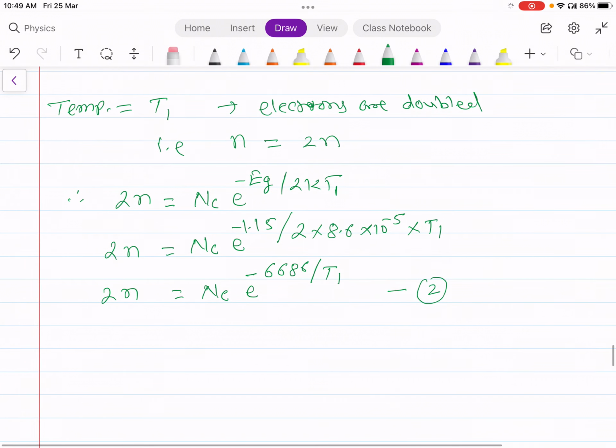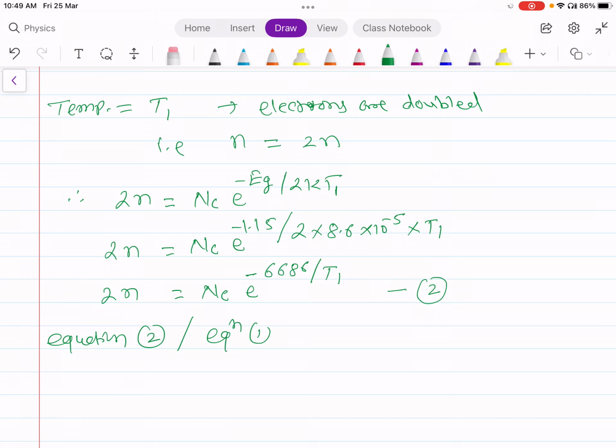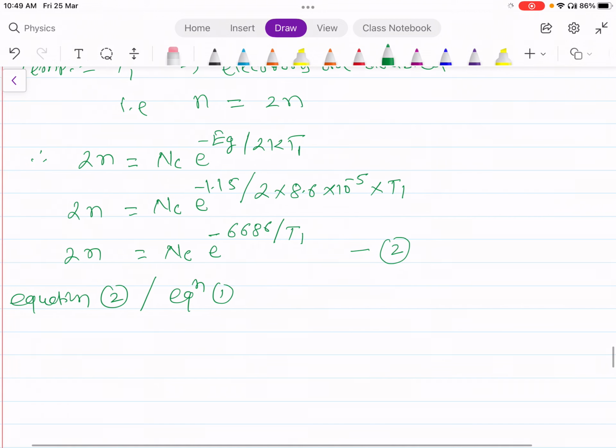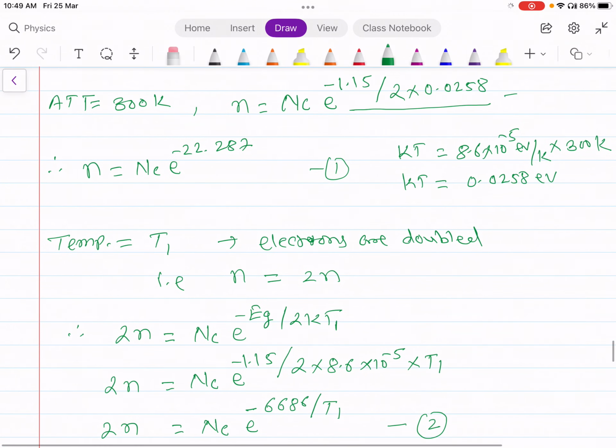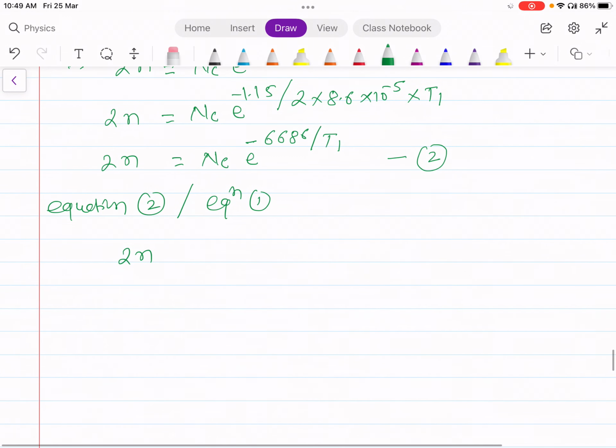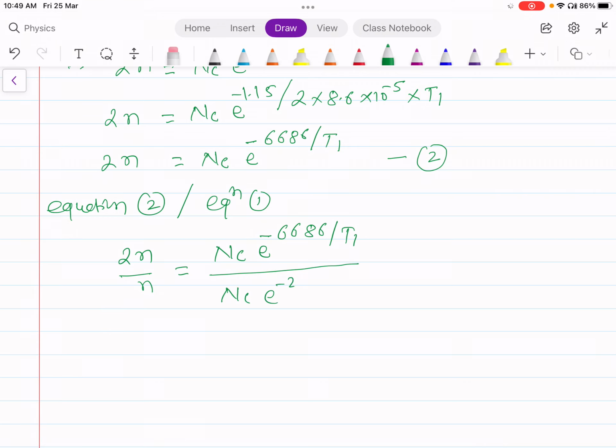Then divide equation 2 by equation 1. Left hand side of equation 2 is 2n, left hand side of equation 1 is n. So 2n divided by n equals Nc e raised to minus of 6686 upon T1 divided by Nc into e raised to minus of 22.287.